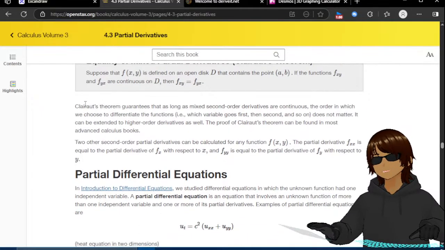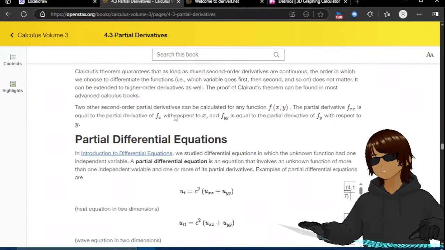How do you pronounce this? Clairaut's theorem guarantees that as long as mixed order derivatives are continuous, the order in which we choose to differentiate the functions does not matter. It can extend to higher order derivatives as well. Two of the second order partial derivatives can be calculated for any function: fxx is the partial derivative with respect to x of the partial with respect to x, and fyy is the partial derivative with respect to y of the partial with respect to y.